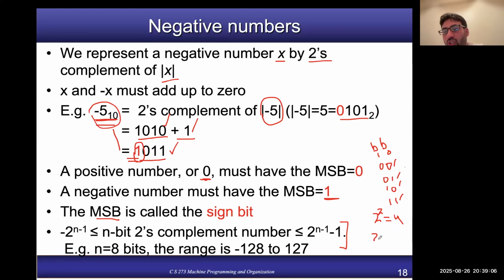It will definitely be 2 raised to power 3, which is equal to 8. So you can represent 8 different values. But the range of the values, just like in case of 2 bits it was from 0 to 3, here it will be from 0 to 7, one less than the maximum 2 raised to power 3. So basically from 0 to 2 raised to power 3 minus 1. Everyone with me on that?